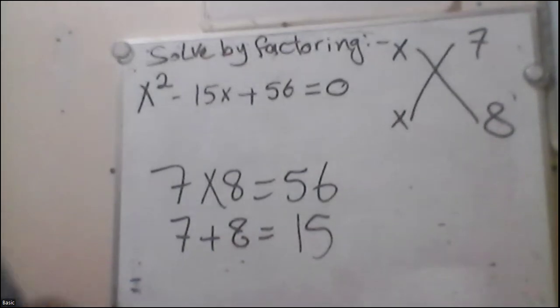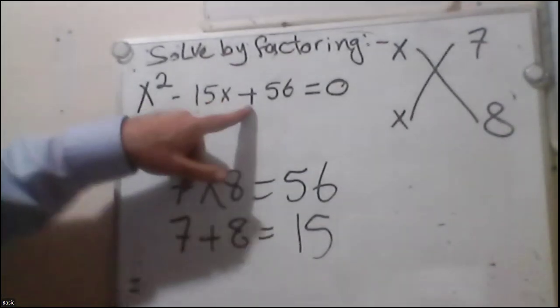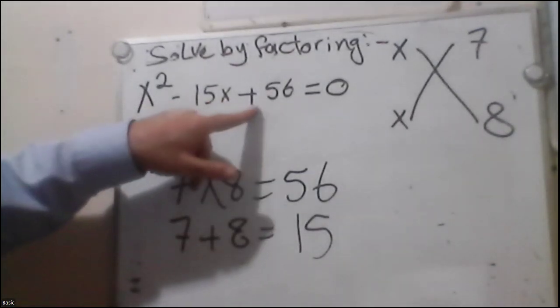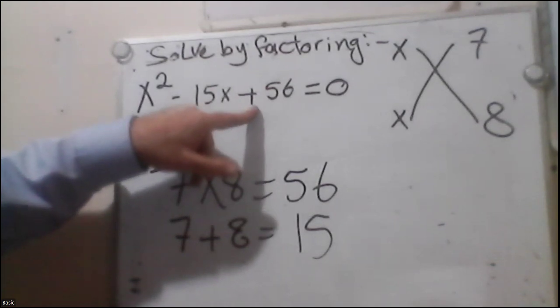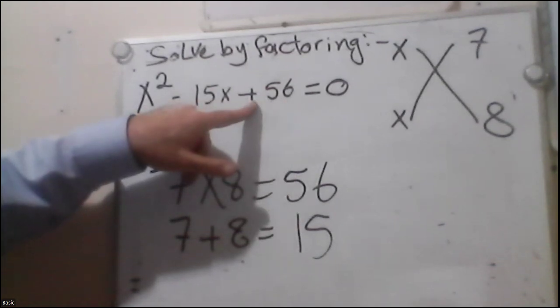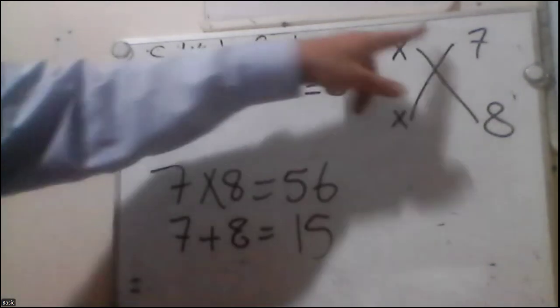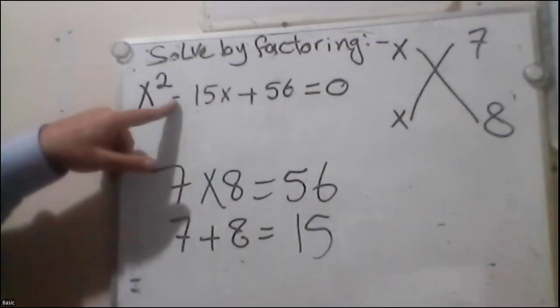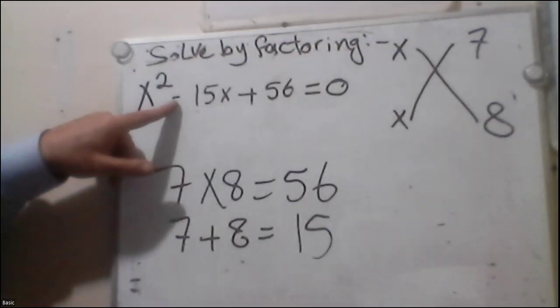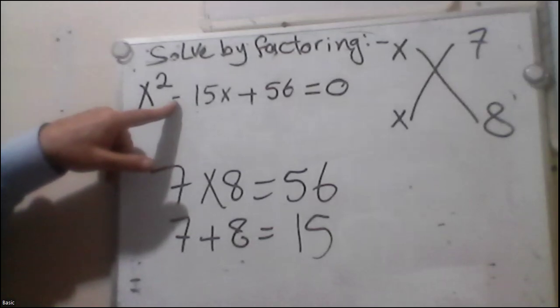As long as the signal of the last number is positive, both brackets will take the signal of the coefficient of x.